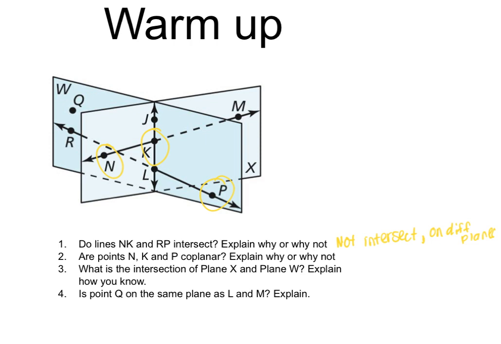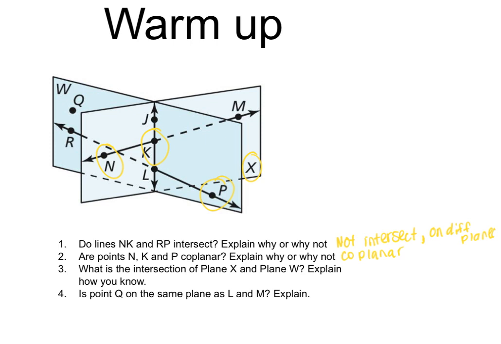Well, N lies on plane X. K lies also on plane X and plane W. And point P lies on plane W. Now, this is a little bit confusing, but they are coplanar, okay? Because any 3 points that are non-collinear, and these are all non-collinear, N and K are on the same line, but P is not on that line, then they are on the same plane, so they are coplanar.